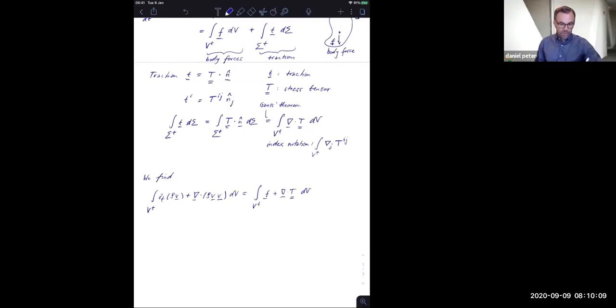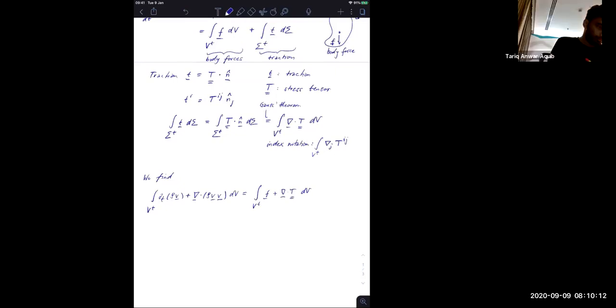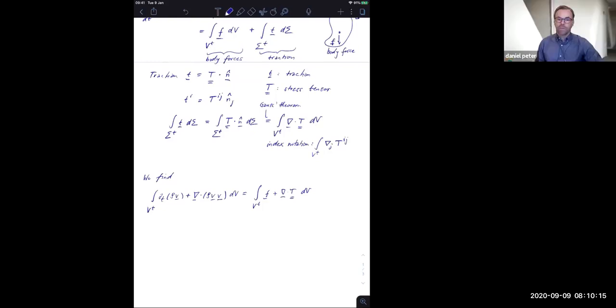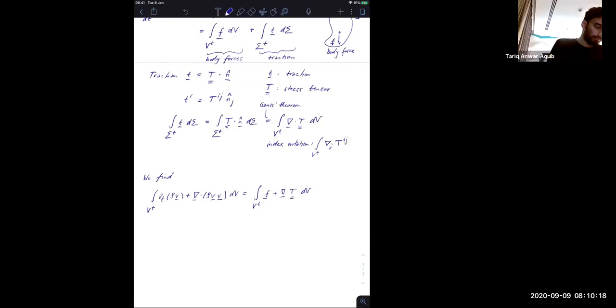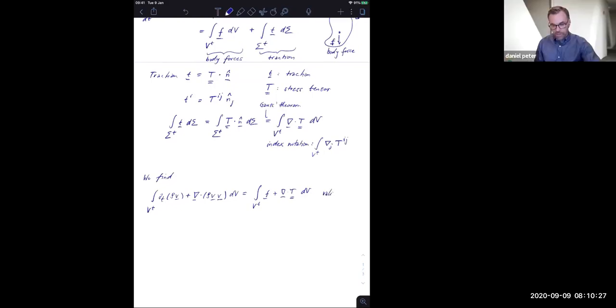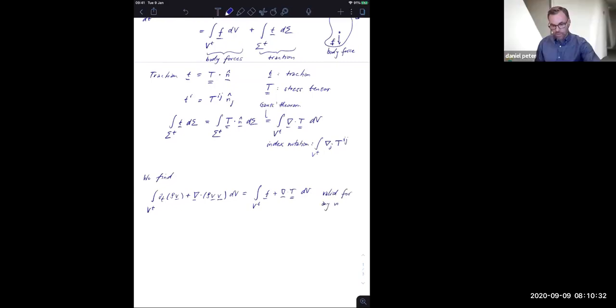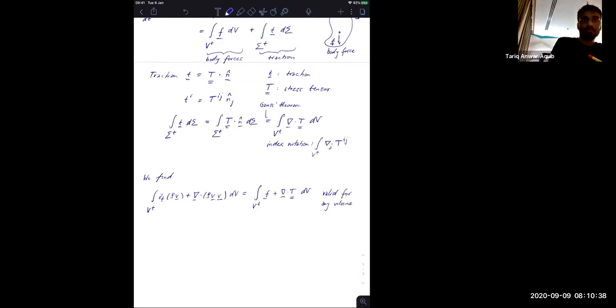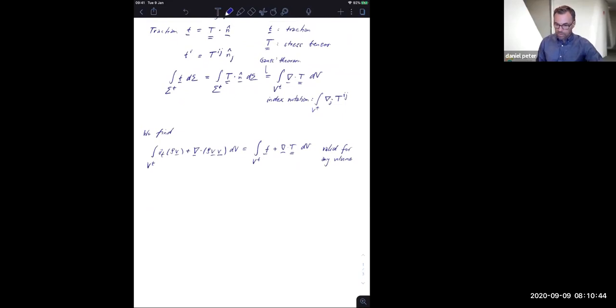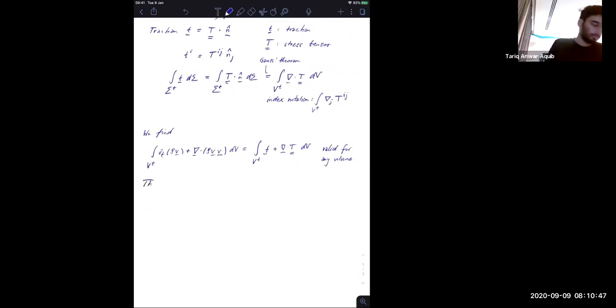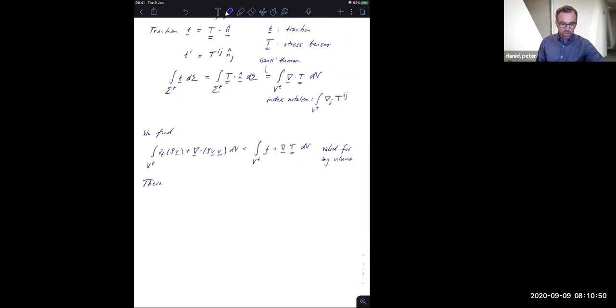So on the left side, you see the rate of change of total momentum. And on the right side of the equation, you see the applied forces. So this is again valid for any volume. Whatever V we set out at the beginning, this equation is valid, which means that therefore the quantities inside the integral have to be equal.